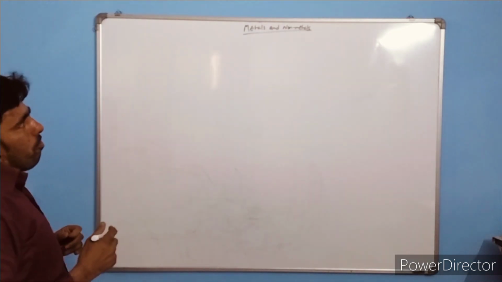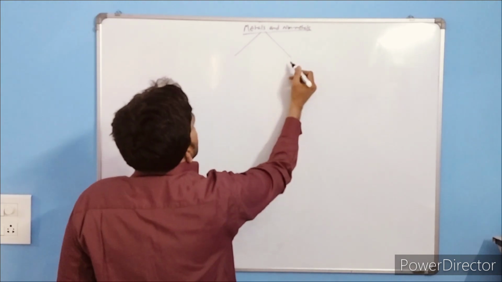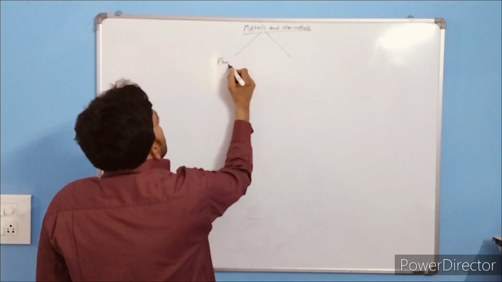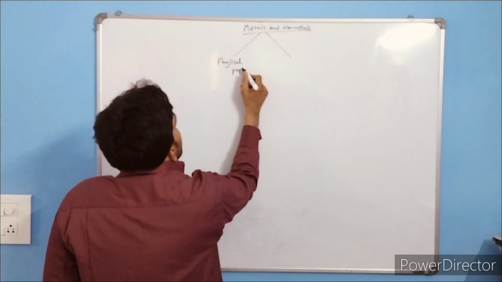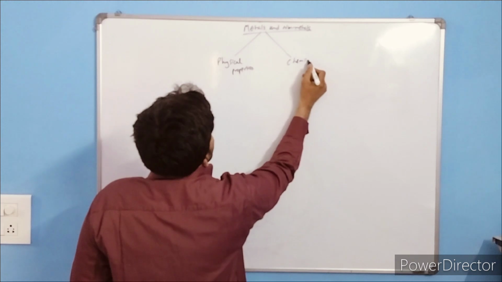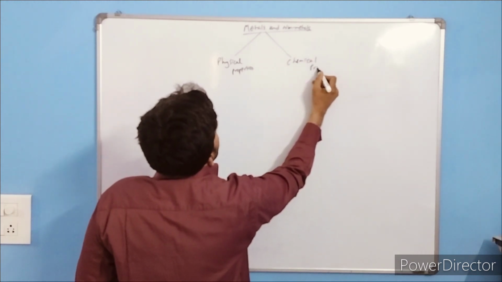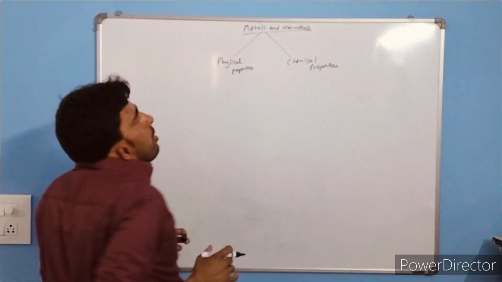We can differentiate between them in two ways: by physical properties and by chemical properties. We have to take these two things step by step.